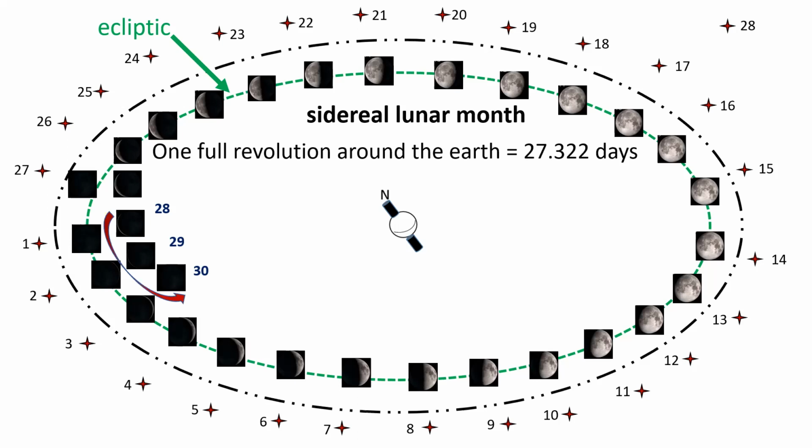Now, conjunction of two celestial bodies, but which two? In this case, the conjunction of the moon and the sun. They are together on the day of Amavasya as seen from the earth. So that's why this time interval of about 30 days, 29.53 on average, is called the synodical or synodic lunar month.